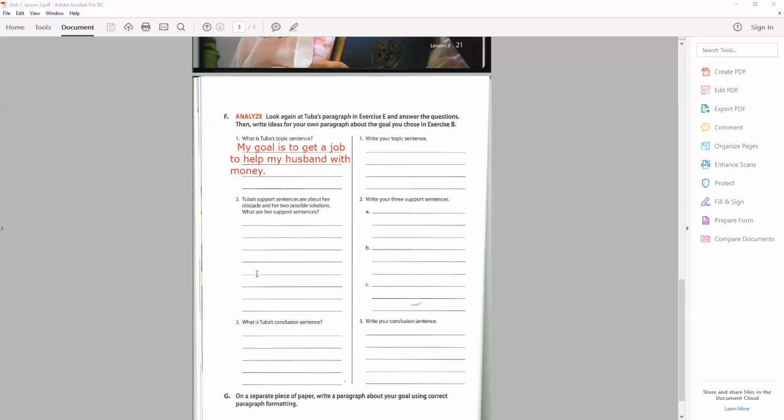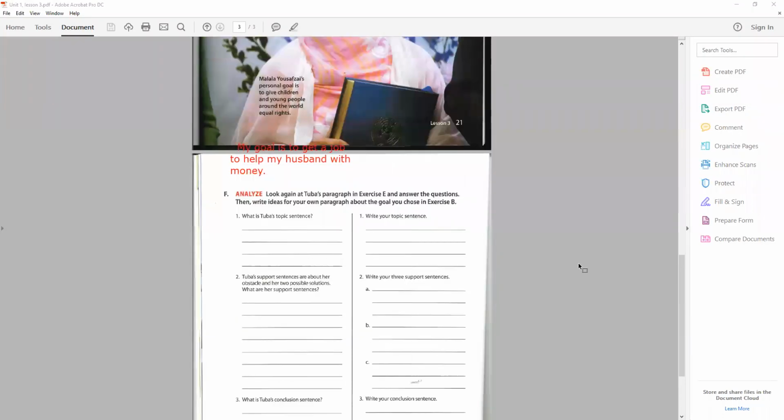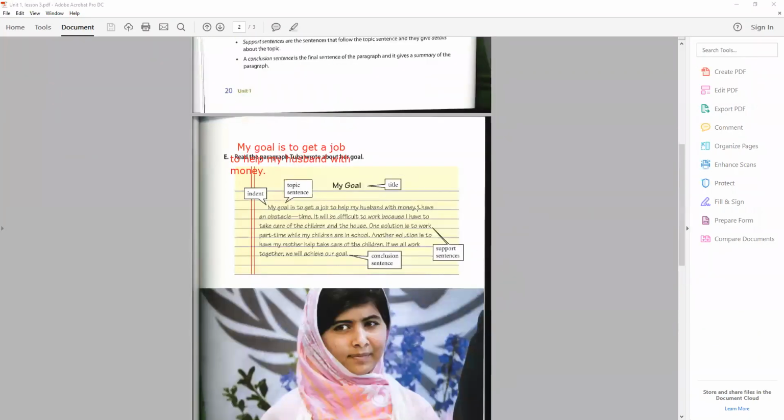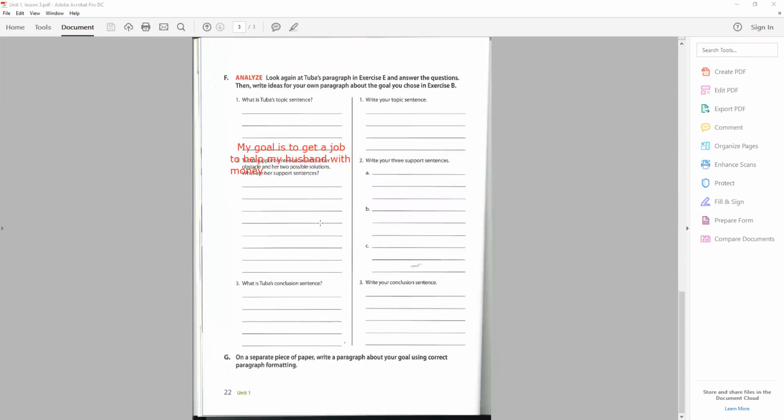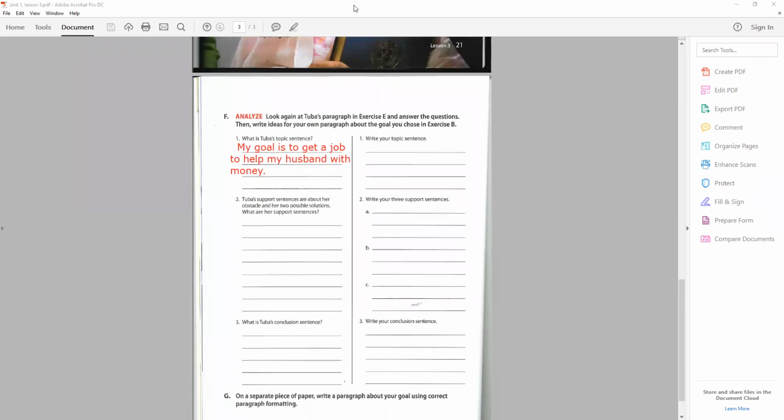You see how it gives us enough space for 3 sentences. She does have 4. First things first, her obstacle. I have an obstacle, time. That is her one sentence that tells us what her obstacle is.